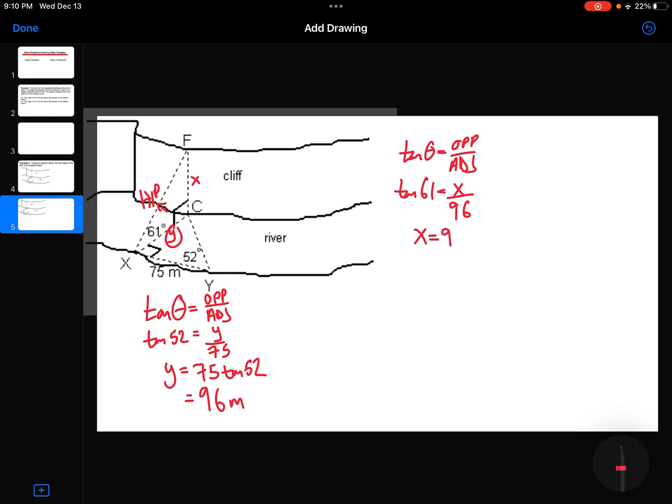For this case, it's almost exactly 96, so you don't really need to, but the more stuff that you can leave in your calculator to work with, the better. This is going to be 173.2 meters. Therefore, the cliff is 173.2 meters is what that squiggly line says.